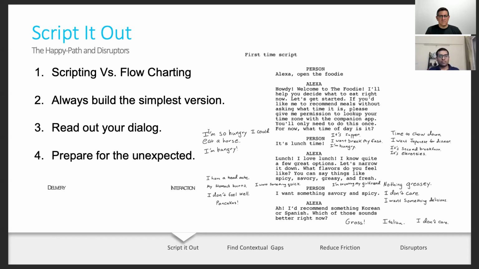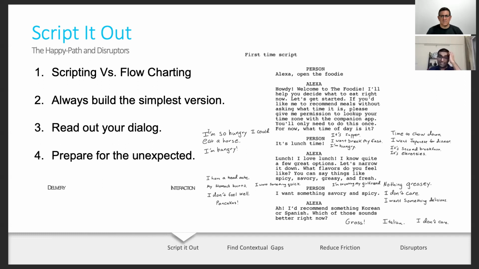But we start to write the script, and this is my happy path. What I mean by happy path is: right from the point when the user says, open my skill, to the point they get to their gratification, what is the best case scenario going to look like? Assuming they didn't do anything wrong, they didn't say anything wrong, and my skill worked perfectly, right? So what is going to be my best case scenario? What is going to be my happy path?